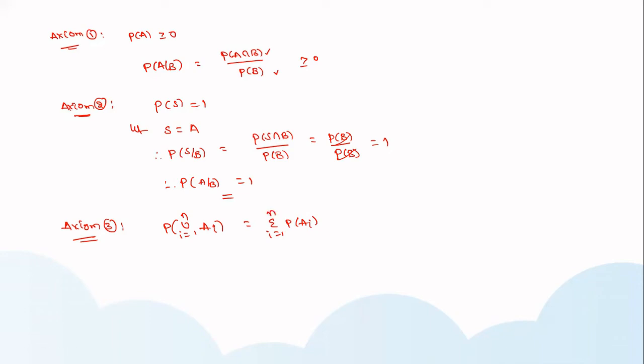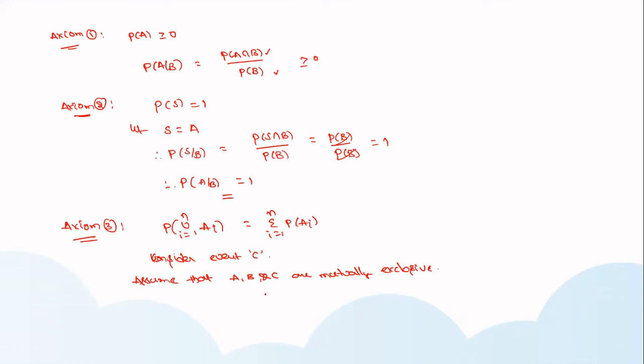In order to prove this one, I'm taking an extra event. So consider event C. I'm taking one extra event C, and assume that event A, event B, event C are mutually exclusive.